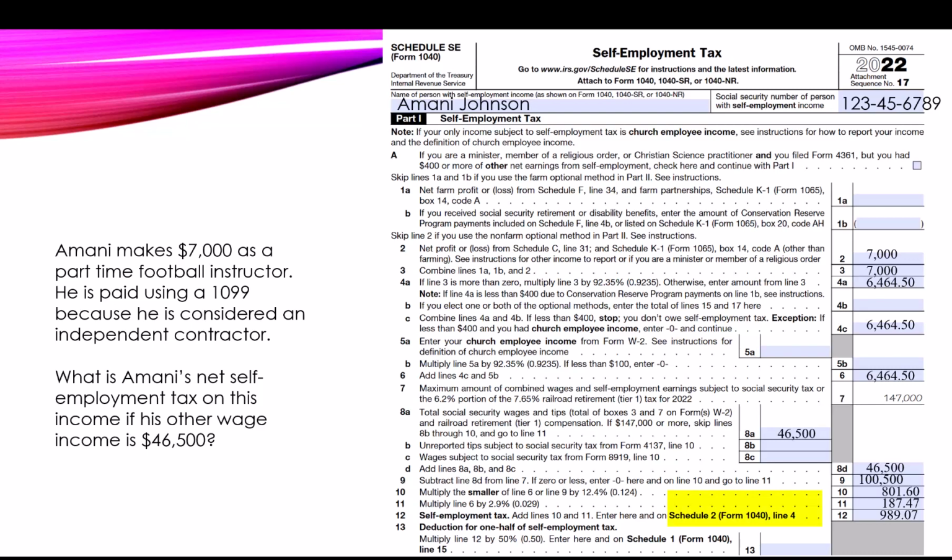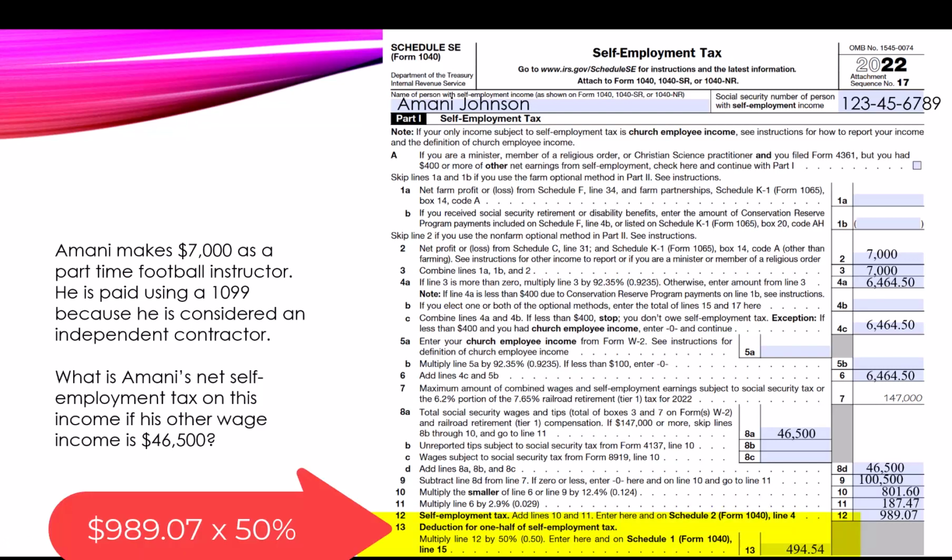We can see that the $989.07 will be reported on Schedule 2, line 4, which reports our other taxes that will be owed. So we'll owe this and pay it at the time that we file our 1040. Imani is also entitled to a deduction of 1/2 of his self-employment tax paid.